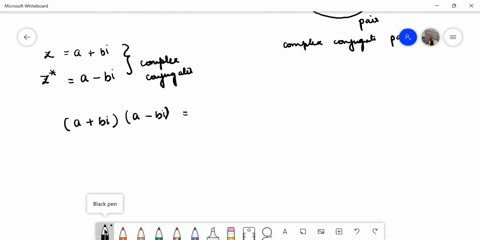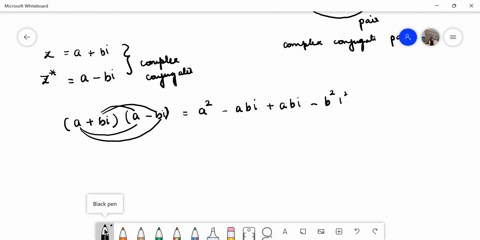We get a times a, which is a squared, minus a times bi, plus a times bi, and minus b times b, which is b squared, and i times i, which is i squared.